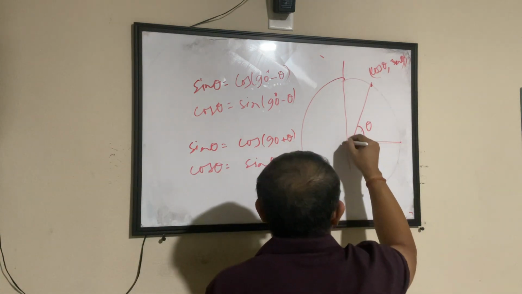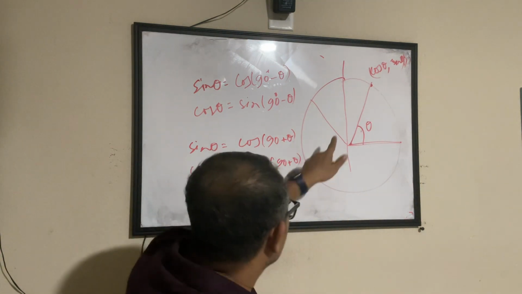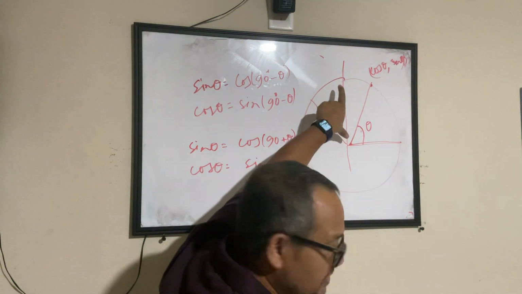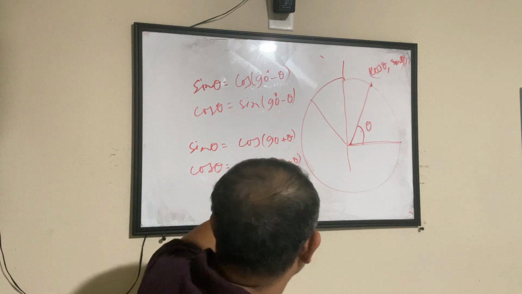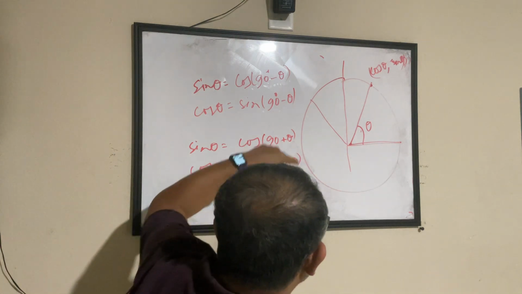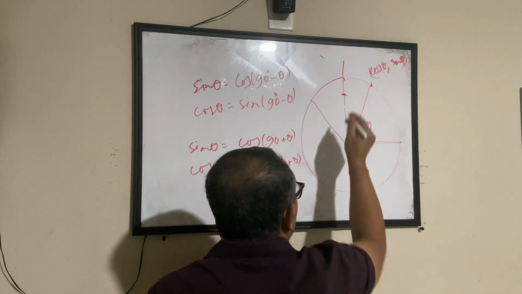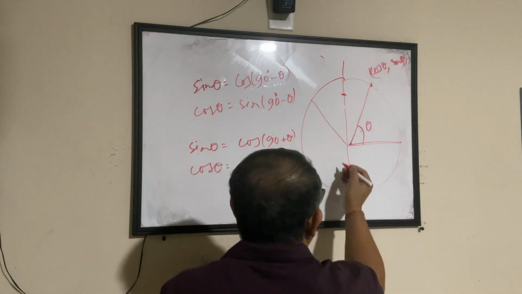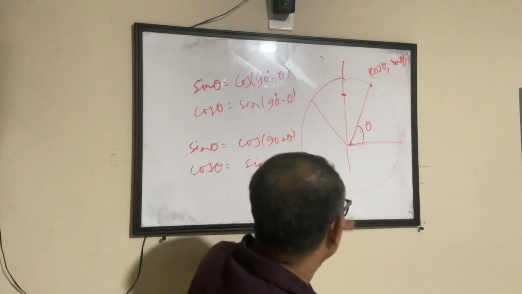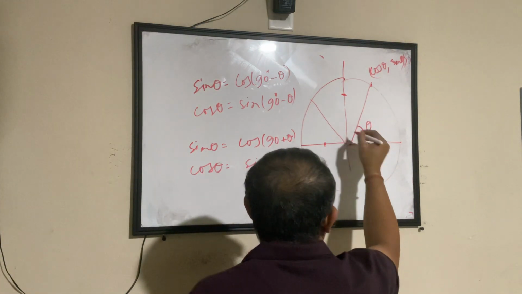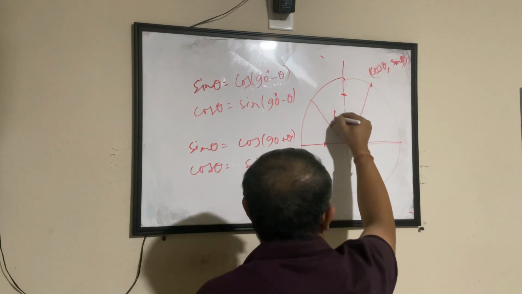Now when I'm talking about 90 degree plus theta, that means I'm going to the second quadrant. And if I'm going to the second quadrant, my y coordinate will remain positive, and whatever is the value of my x coordinate, that will become negative. So if you are moving this way for 90 degrees, this angle becomes your theta.